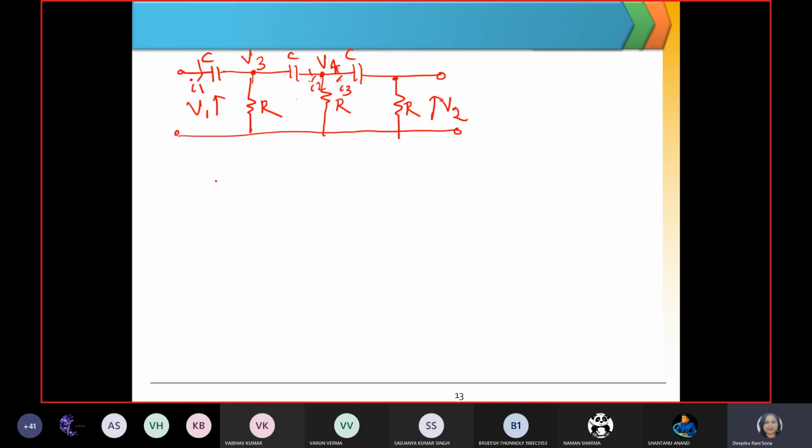Okay, so just make a note of it. V1 is the input and V2 is the output. We have to take the output by input ratio here. So directly what I will write, suppose we are going to solve from the V4 side. In this side, from output to input side, we will solve our path. So this is called a ladder network.